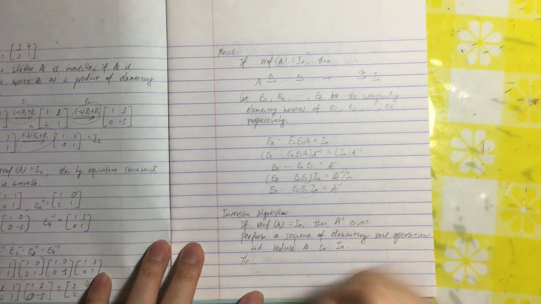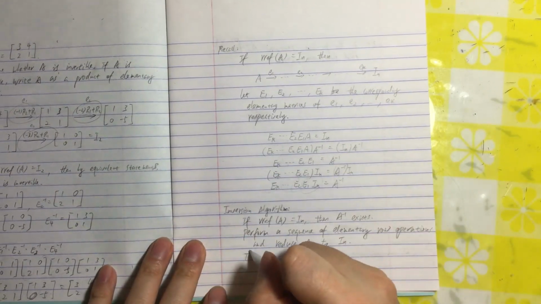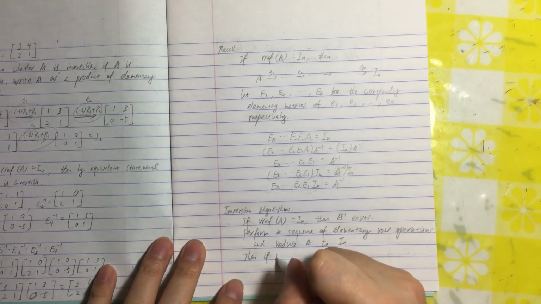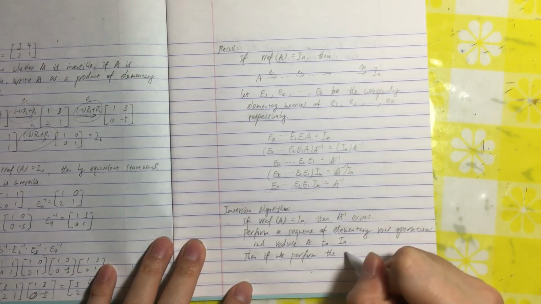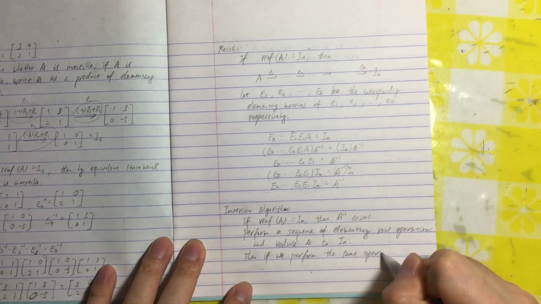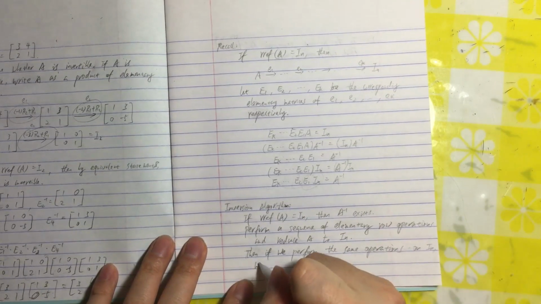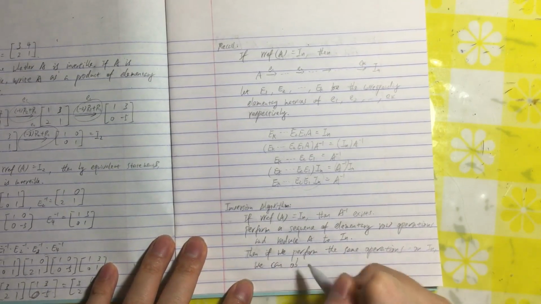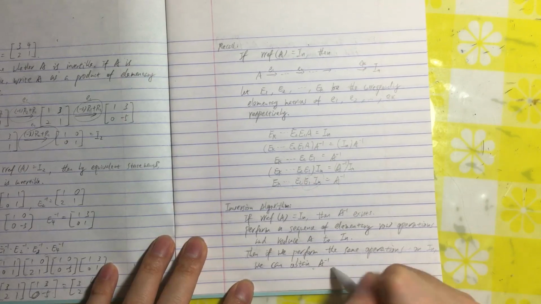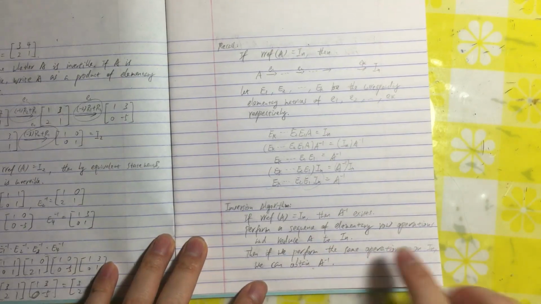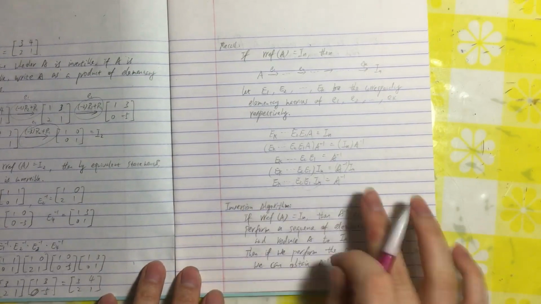Then if we perform the same operations on the identity matrix In, we can obtain the inverse matrix of A. This is called the inversion algorithm.